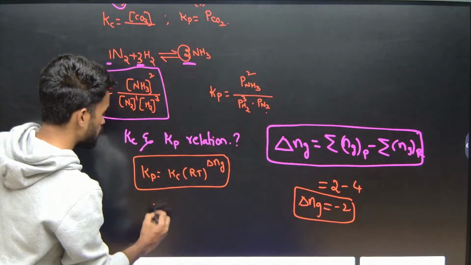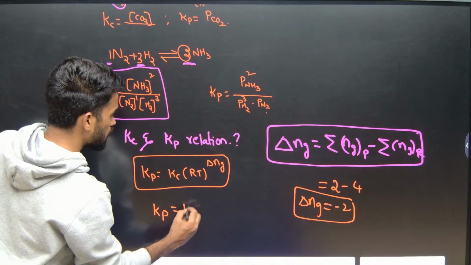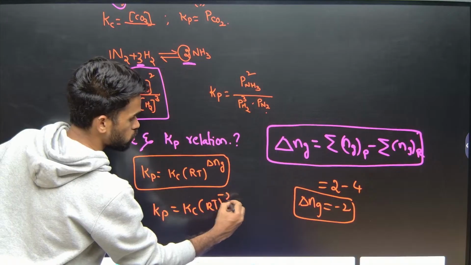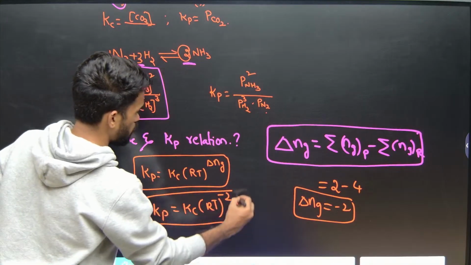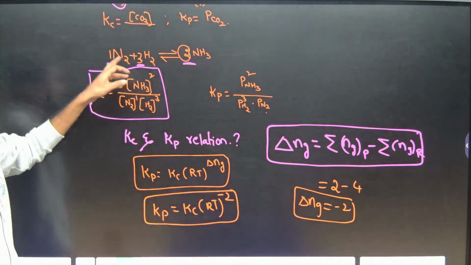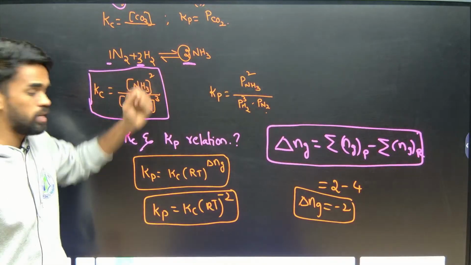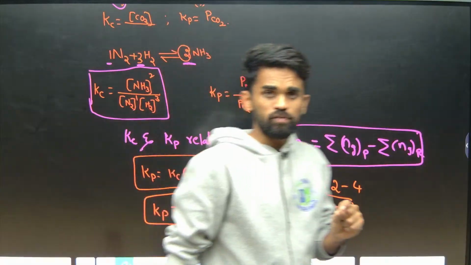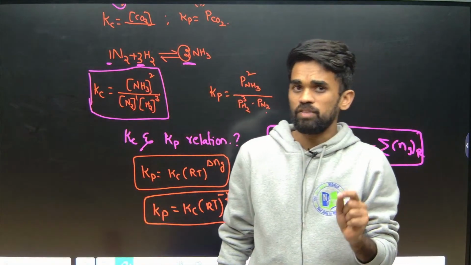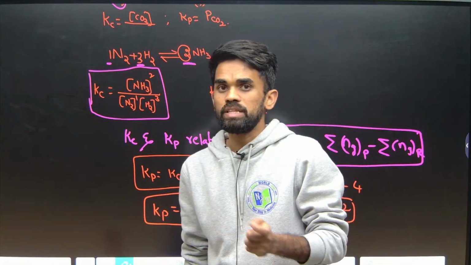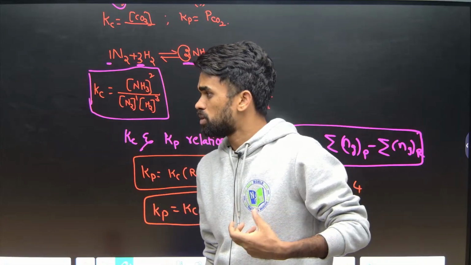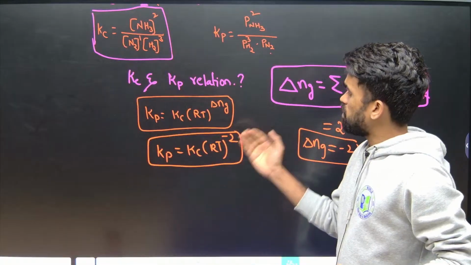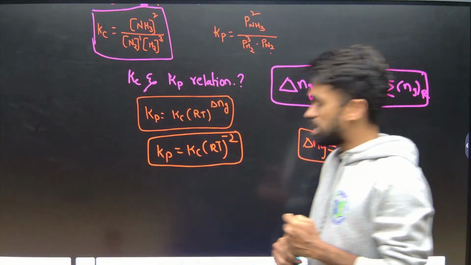So you get Kp is equal to Kc (RT) power minus 2. This is the Kp and Kc relation in the case of formation of ammonia. They will ask what is the relation between Kp and Kc for the formation of ammonia, or in Haber's process for the production of ammonia. They may also ask whether the Kp value or the Kc value is greater.